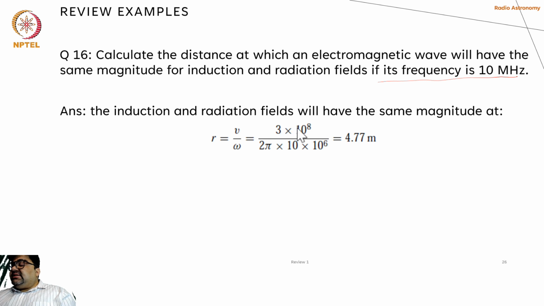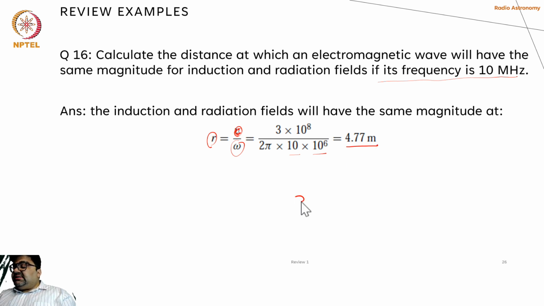So the induction and radiation fields will have the same magnitude at a given R, given by C over the circular frequency. So this is given by 3 times 10 to the power 8 divided by 2 pi times 10 times 10 to the power 6. This is 10 megahertz. So R is given by 4.77 meters.